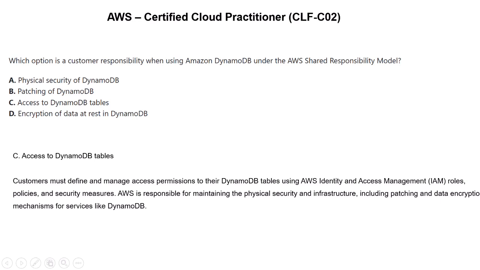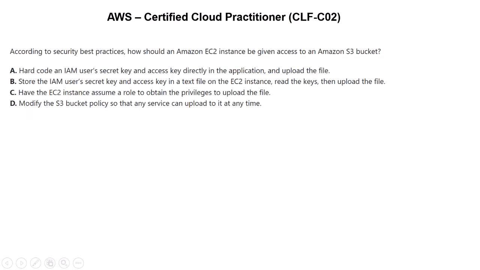like DynamoDB. Next question. According to security best practices, how should an Amazon EC2 instance be given access to an Amazon S3 bucket? Options. Option A. Hardcode an IAM user's secret key and access key directly in the application and upload the file.